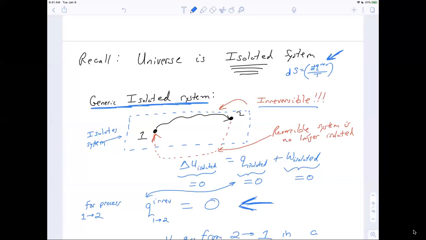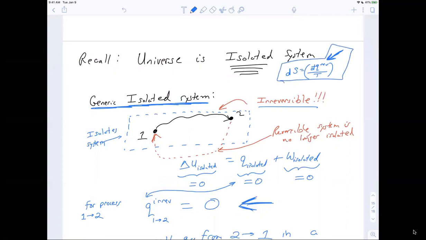Since the system is isolated and undergoing an irreversible process, Q is 0, but we must still assume there's an entropy change in this isolated system.